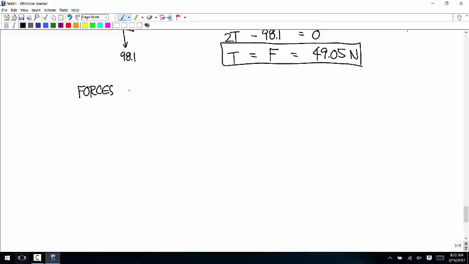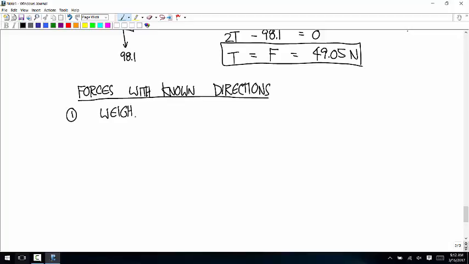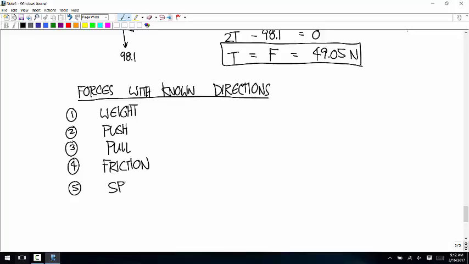Forces with known directions: we've got weight, pushing contact, pulling contact, friction, and springs. So now we're done with weight, pushing, and pulling, and now we have to talk about friction when objects are sliding.